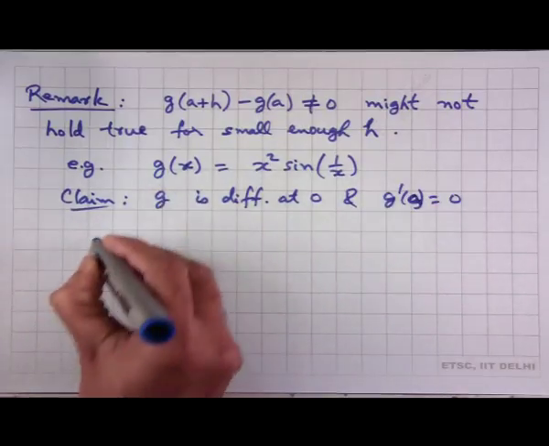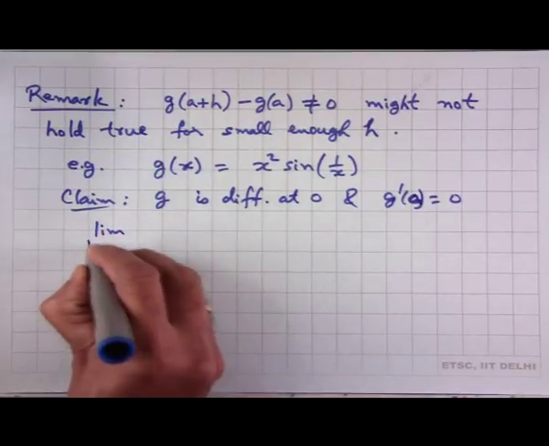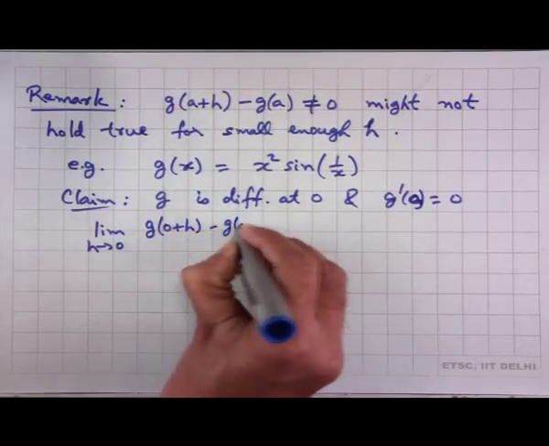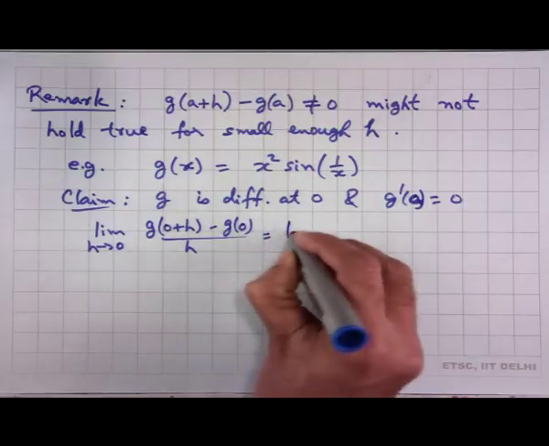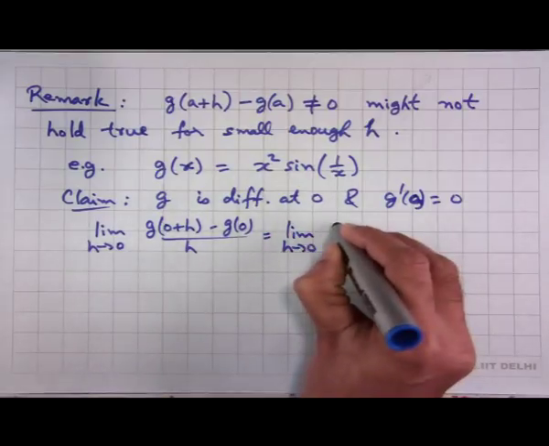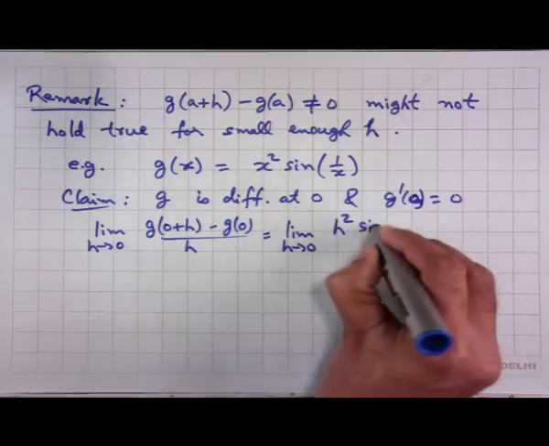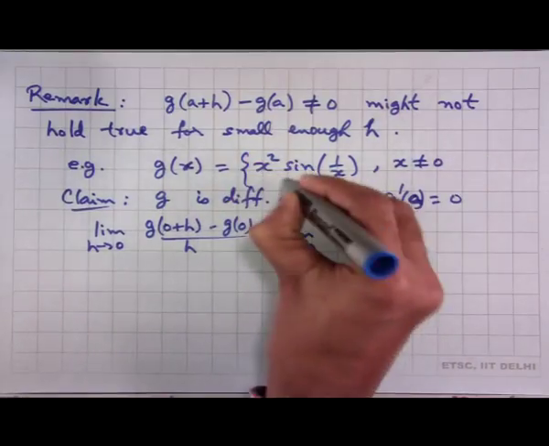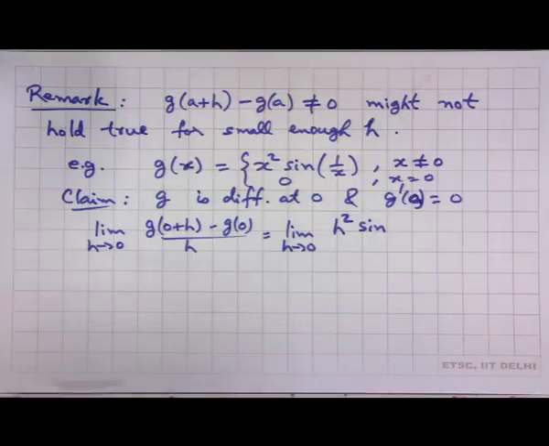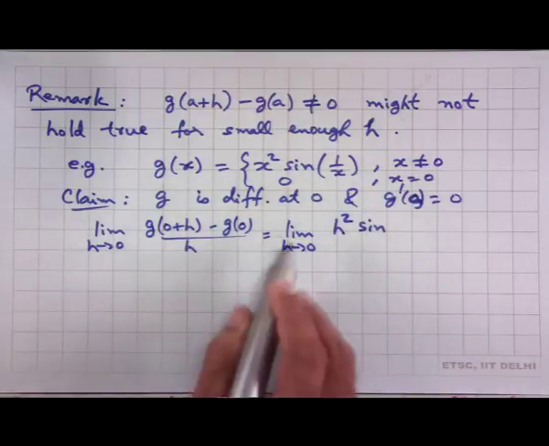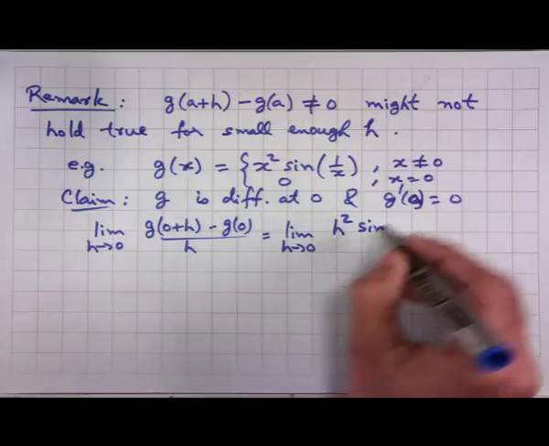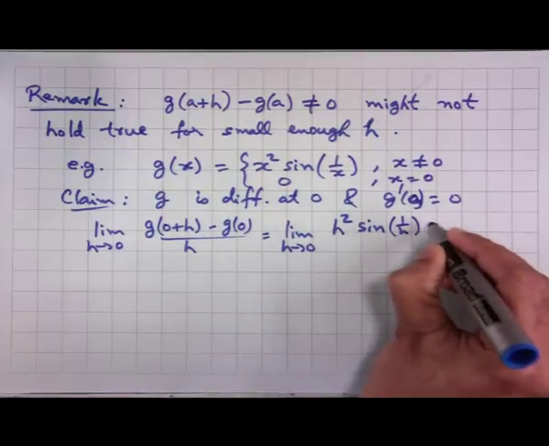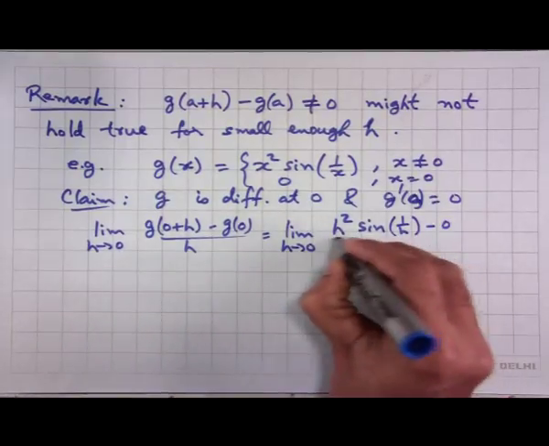So, let us calculate. Limit of h going to 0 of g of 0 plus h minus g of 0 by h is equal to the limit h going to 0 of h square sine 1 by h minus 0, divided by h.